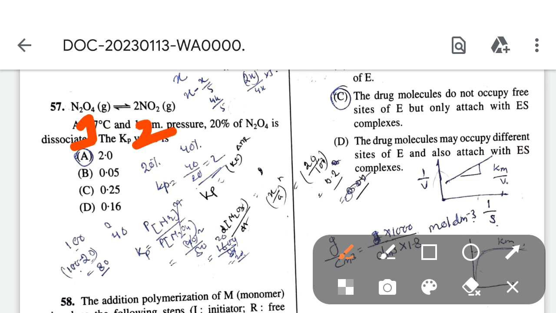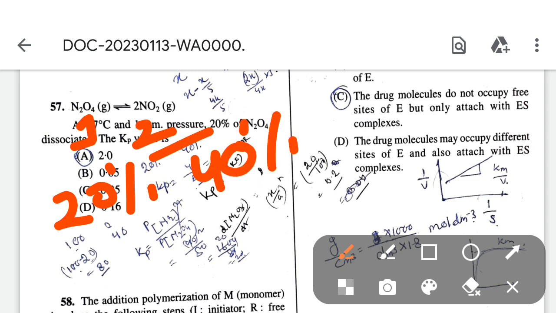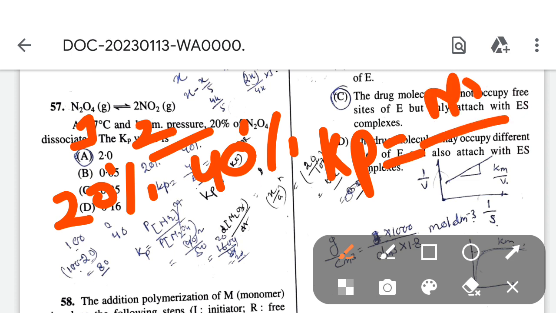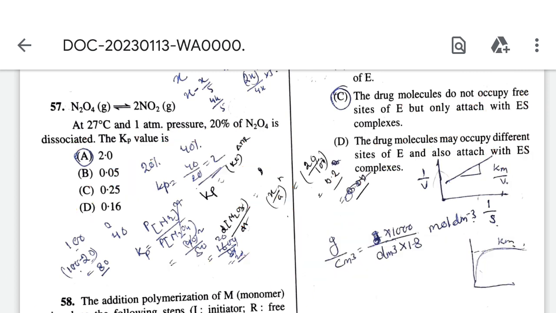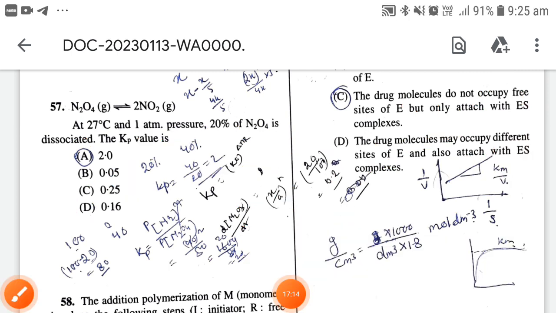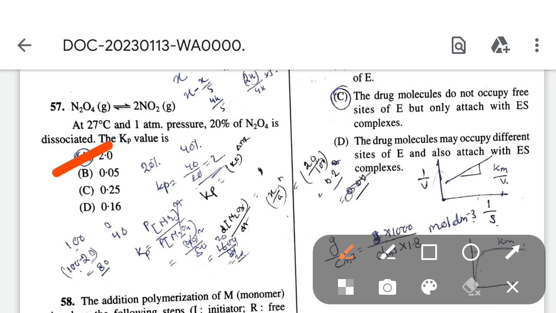So if 20% of N2O4 is dissociated, then this will form 40% NO2. So we can calculate Kp as concentration of NO2 by concentration of N2O4. The value is 40 by 20, that is 2. So the correct option is option A.